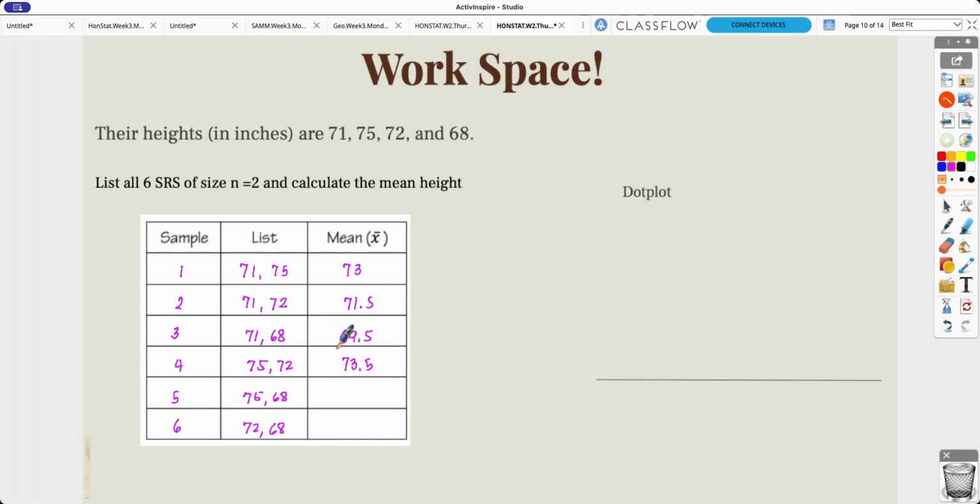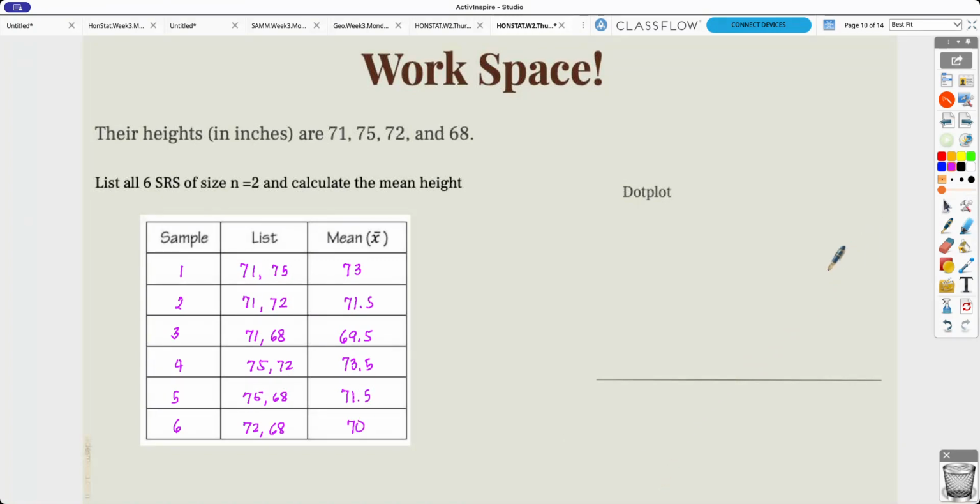Then we have 75 plus 68 divided by 2 is 71.5 again. And then 72 plus 68 divided by 2 is equal to 70. So these are the means.